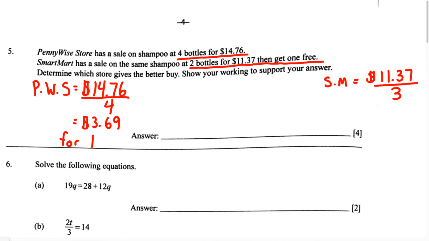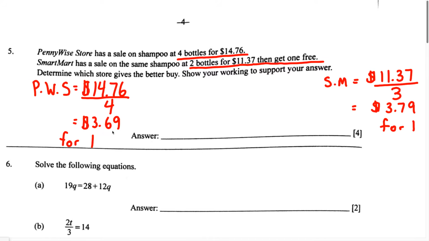We aren't going to do 2 bottles because you won't receive 2 bottles. You're actually going to receive 3 bottles. So we want to factor in how much 1 bottle is going to cost. When we put 11.37 divided by 3 in our calculators, we're going to get $3.79 for one.